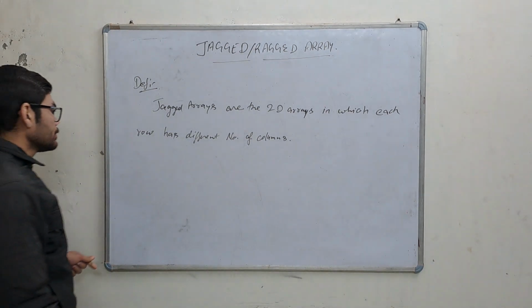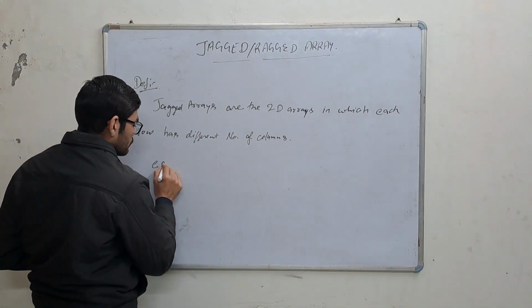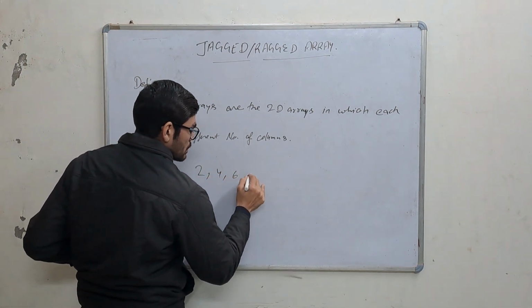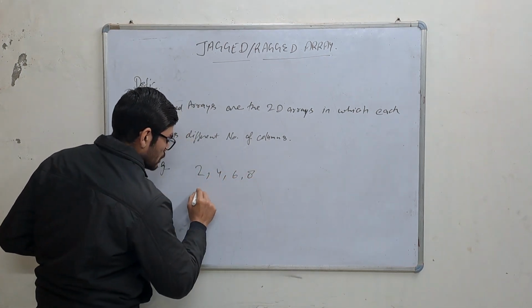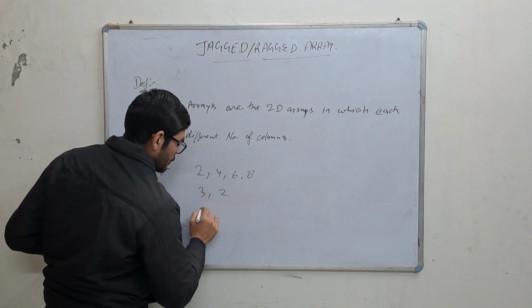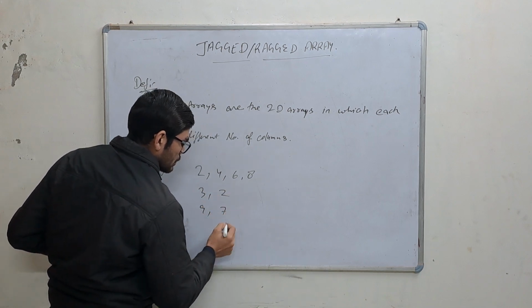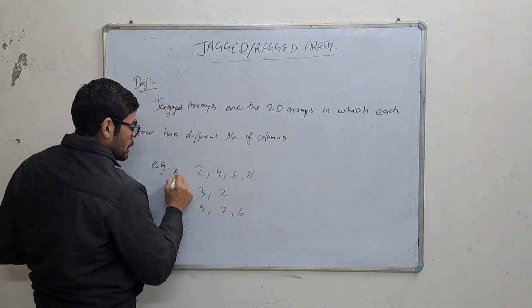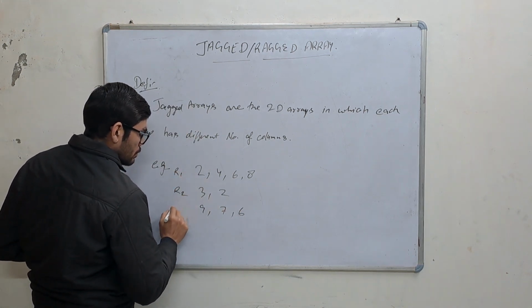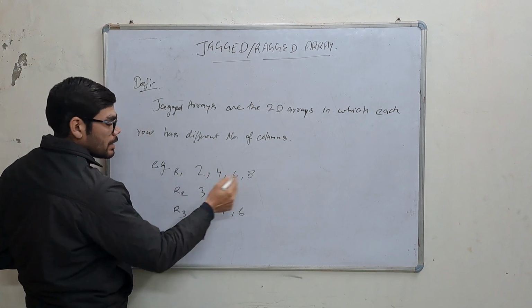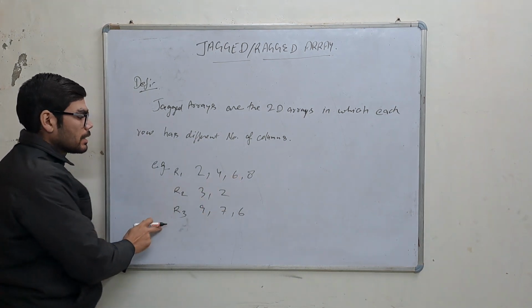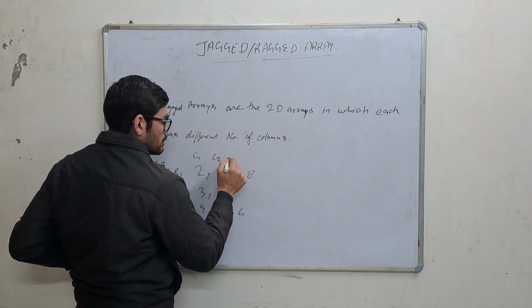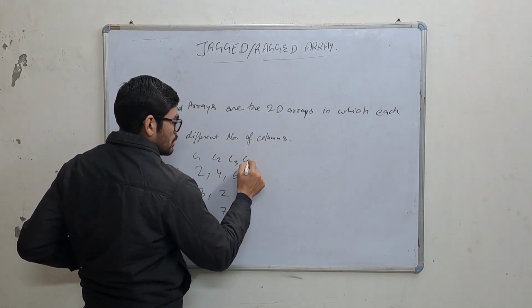For example, 2, 4, 6, 8, and 3, 2, 9, 7, 6. Here, assume these are the rows R1, R2, and R3, and these are the columns C1, C2, C3, C4.